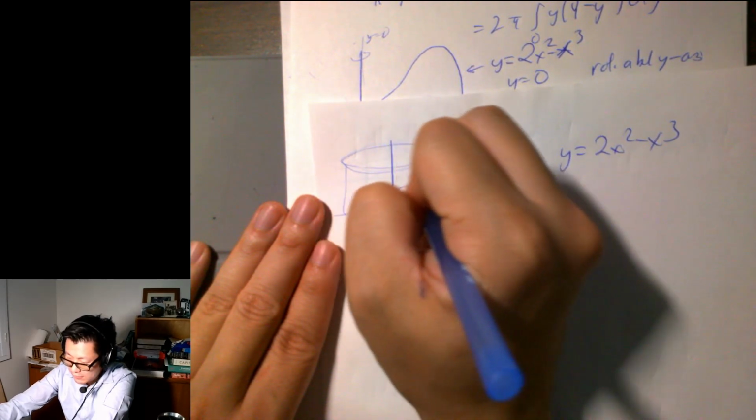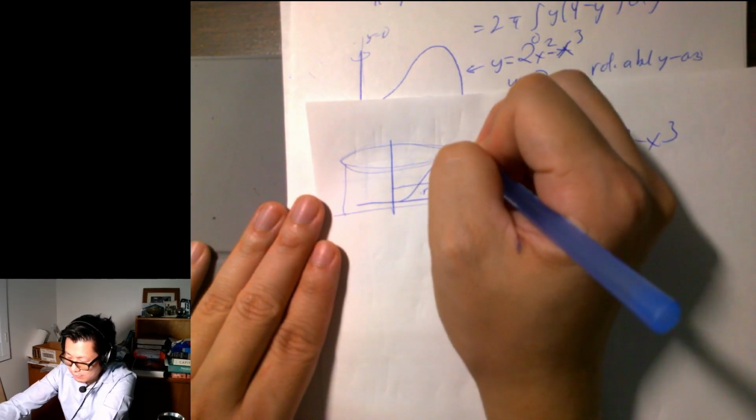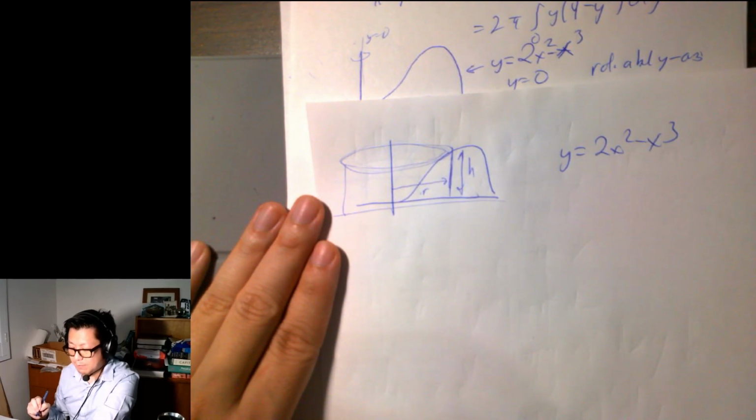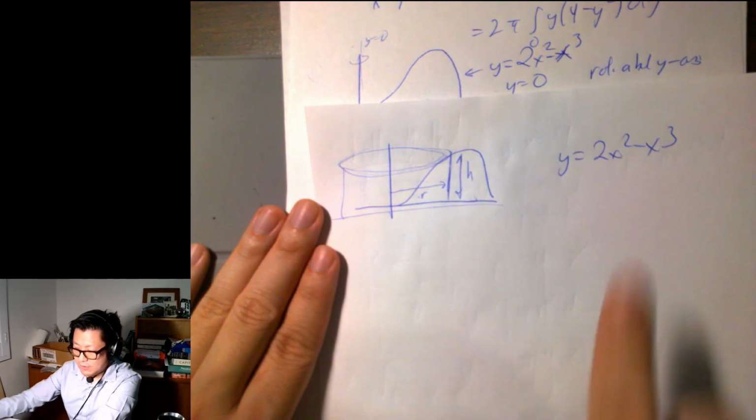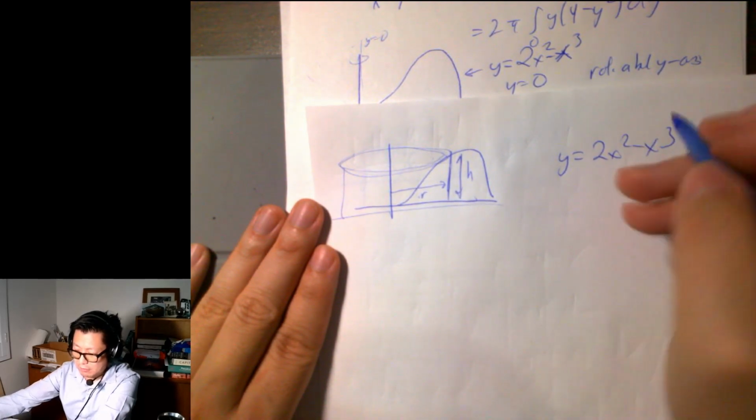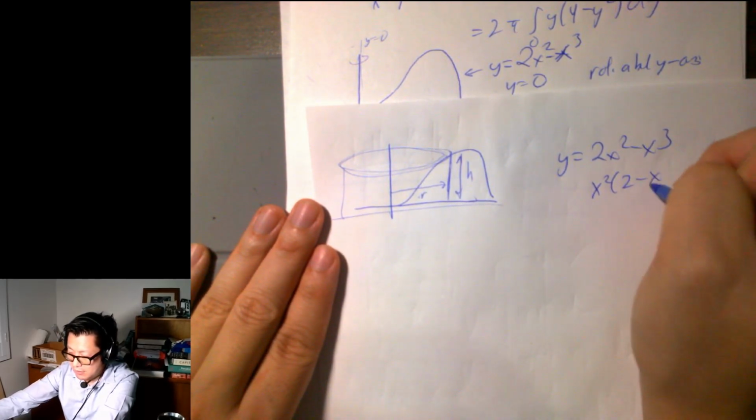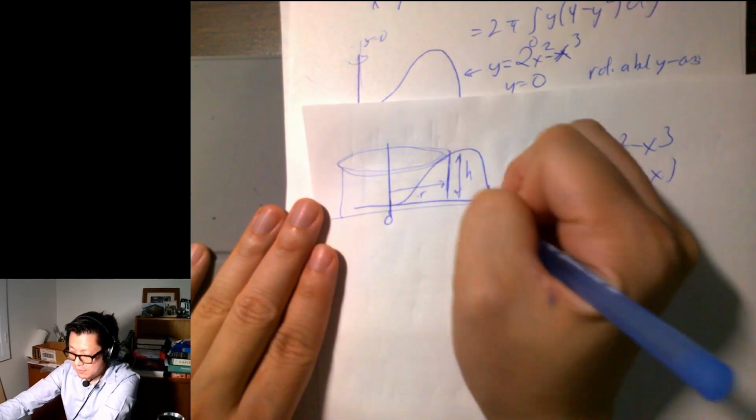And so this is my R, and this is my height of that piece of toilet paper. Let's also get our bounds in x. So if I factor out an x squared, that's going to be 0, that's going to be 2.